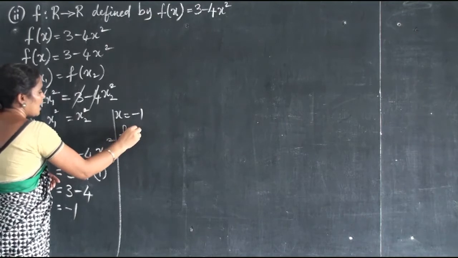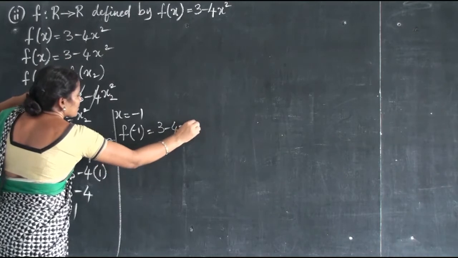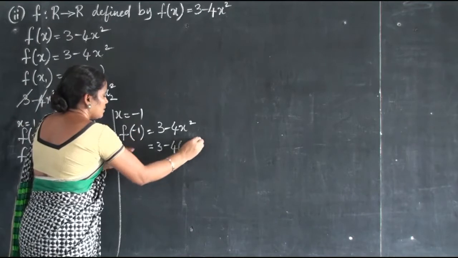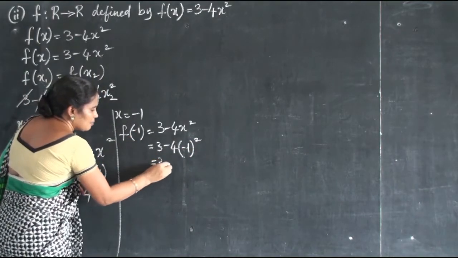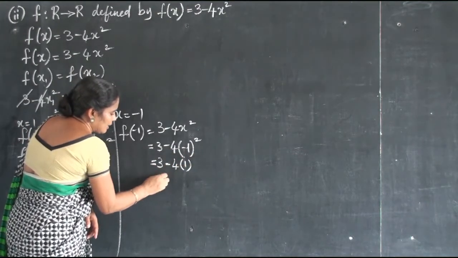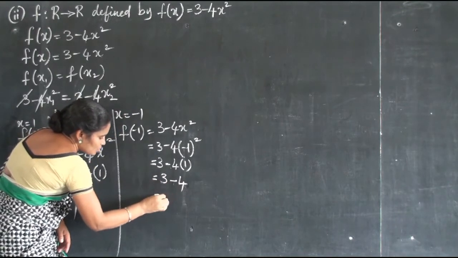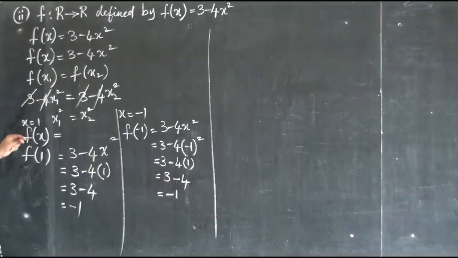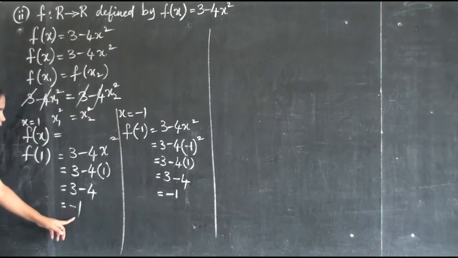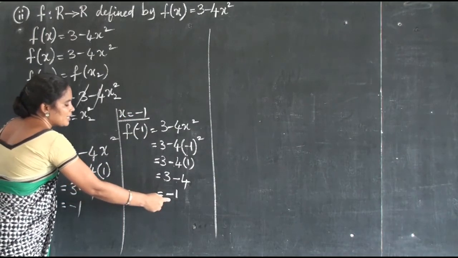So substitute x as minus 1 in 3 minus 4x square, that is minus 1 whole square. 3 minus 4, minus 1 into minus 1, that is 1. So 3 minus 4 ones are 4. 3 minus 4, that is 4 is greater, so write minus 1. Substituting x is equal to 1, we get f of 1 is equal to minus 1. And here substituting x is equal to minus 1, we also get minus 1.